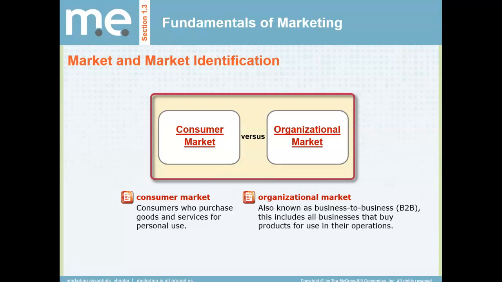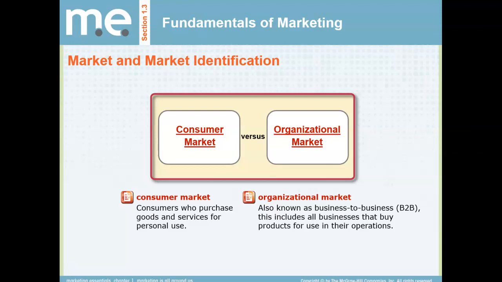The flip side of that is the organizational market. In brackets is B2B, that's business to business. Exactly what this is right here, business to business, that's B2B. You'll hear that more and more, but obviously there are businesses that sell to other businesses. They're known as being part of the organizational market.